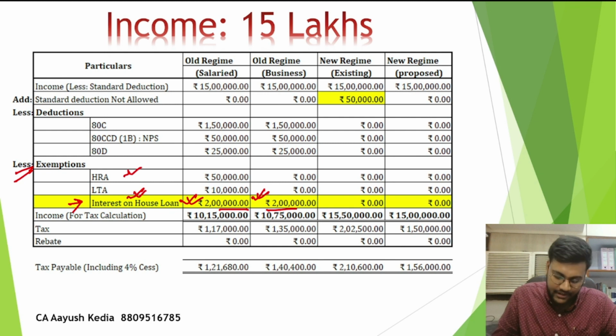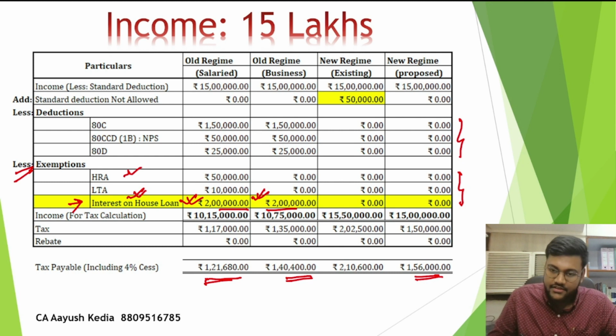Even if we subtract 50,000 here, it won't make much of a difference. So now we see that the total tax under the old regime is lesser than the new regime, just because we have increased the exemptions and deductions total. So we find that in this case, we cannot say that any one regime is better. It depends on how much deductions or exemptions we have in order to reduce our tax liability.